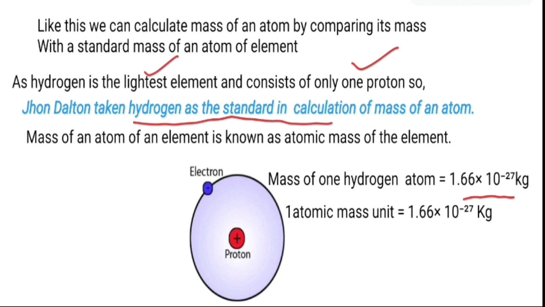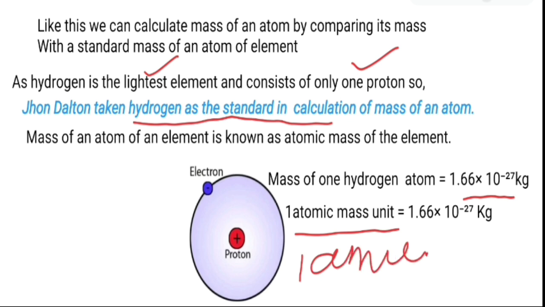That's why we take this as an atomic mass unit. So 1 atomic mass unit is equal to 1.66 x 10^-27 kg. Or we can say the mass of one hydrogen atom is equal to 1 atomic mass unit.